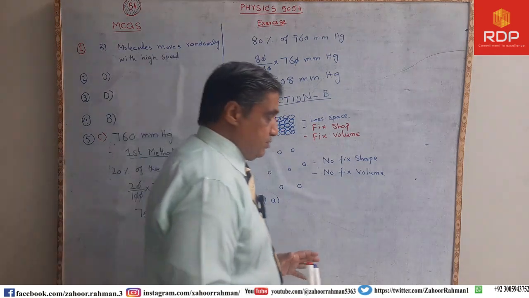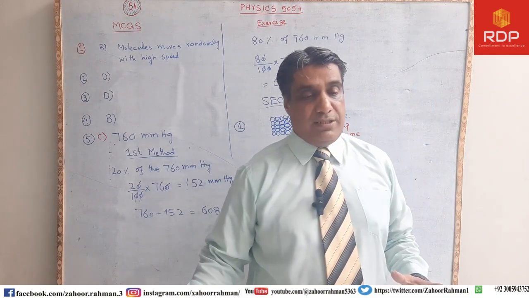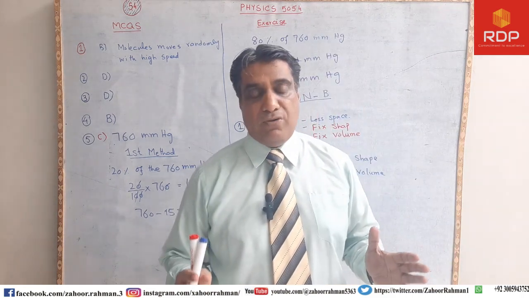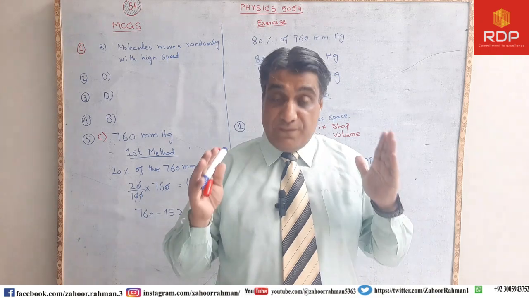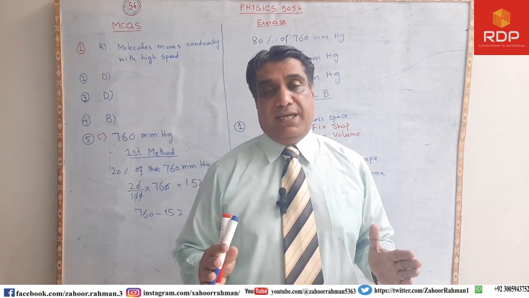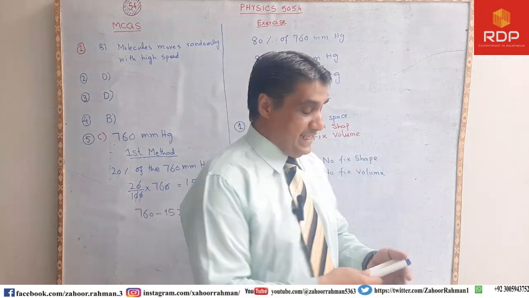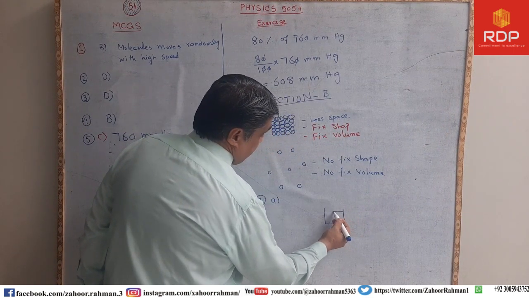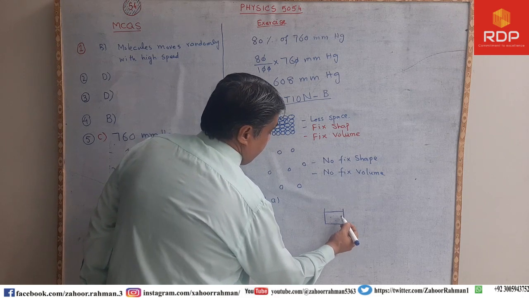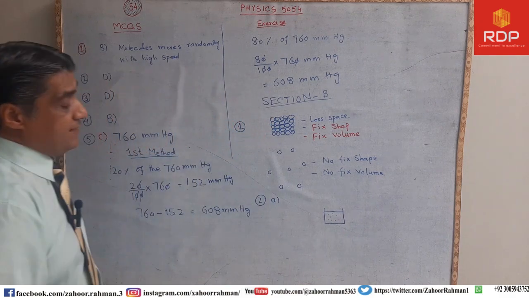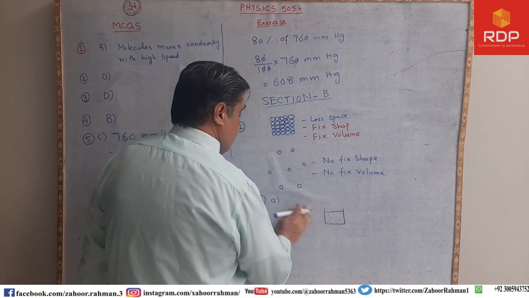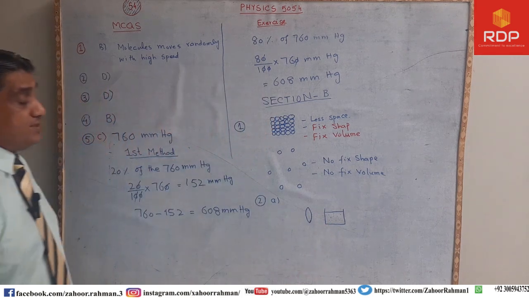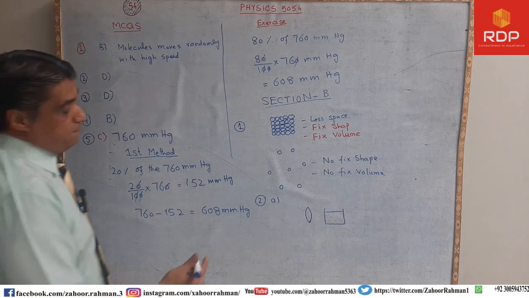Ladies and gentlemen, if you want to see this answer, in the 52nd lecture for the observation of Brownian motion, we drew a labeled diagram in which there was a smoke cell which was sealed, and there were smoke particles, because we cannot see these molecules, so we want to see the molecules as smoke particles.